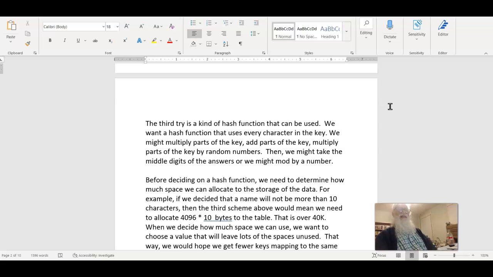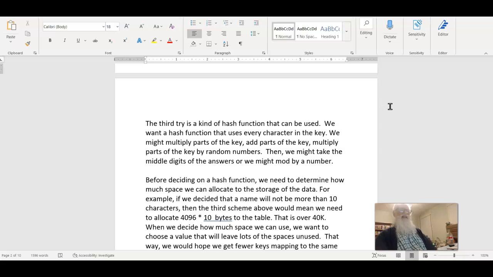We might take the mod or something. We might take the middle digits. There are all kinds of ways that we can do a hash function. Our goal is to have something that's easy to compute because we're going to have to do it so many times. Now, before we figure out a hash function, we have to know how much space we want.